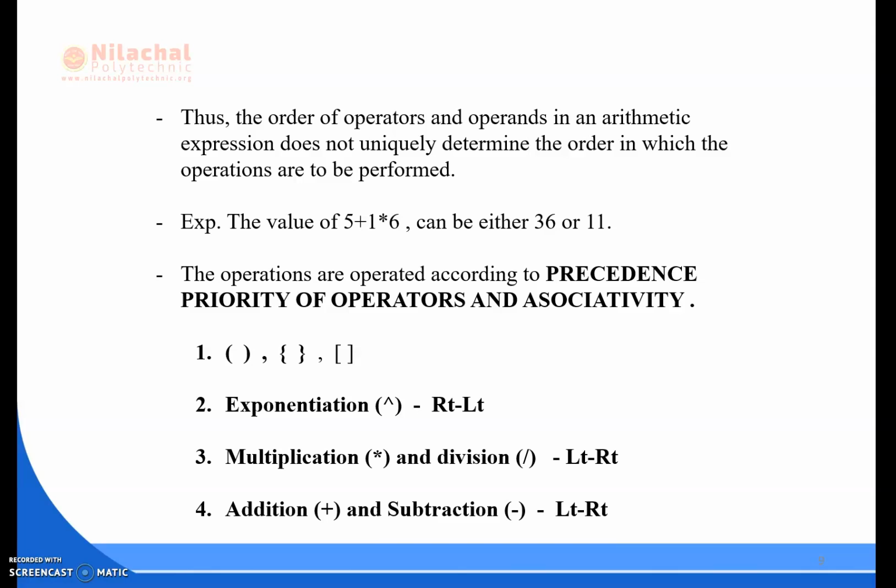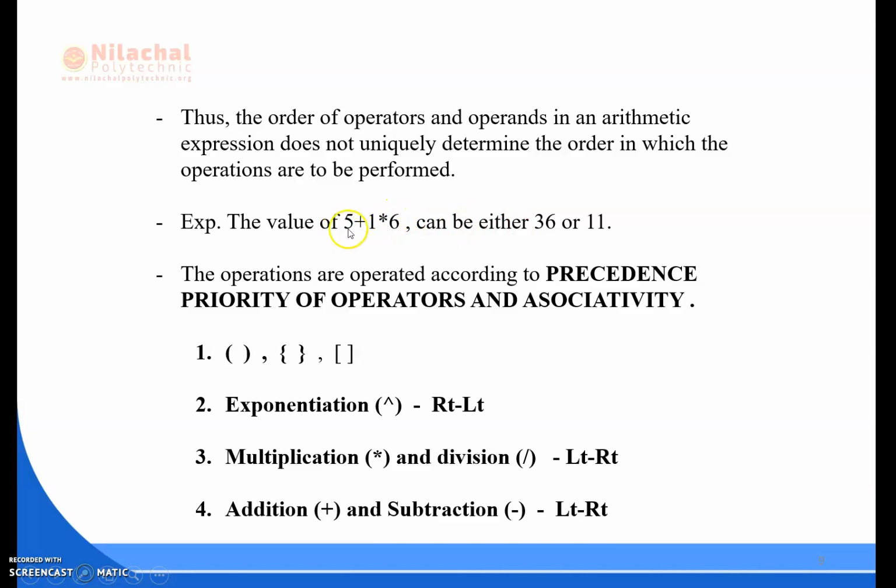So the use of parentheses actually changes the numeric value of the expression. We can see here that the value of the arithmetic expression 5 plus 1 multiplied by 6 can have two values.